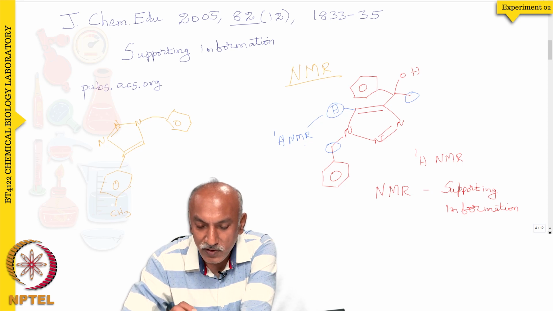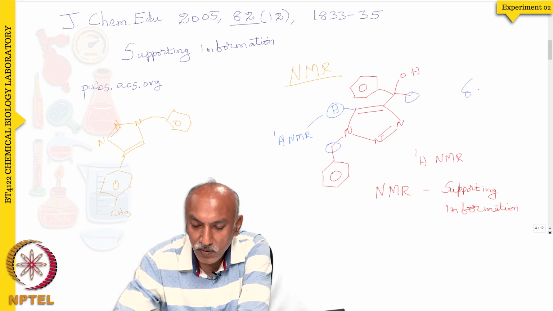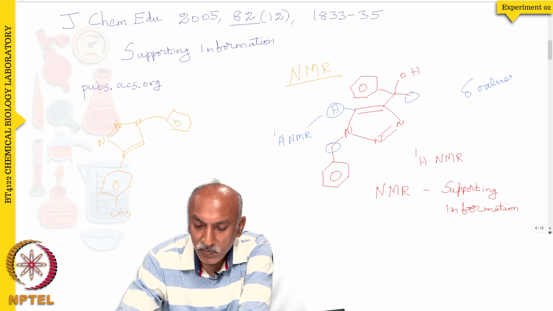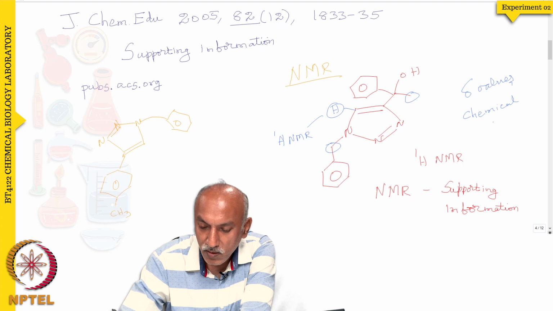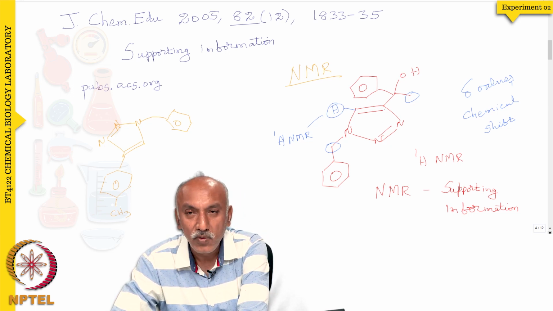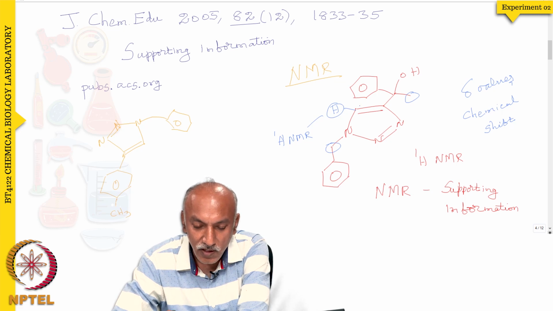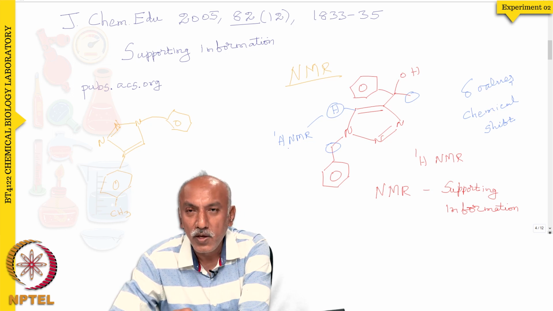Please find out the delta values, the chemical shift values of these protons, and assign in the NMR where this hydrogen, this CH3 and this CH2 appear.